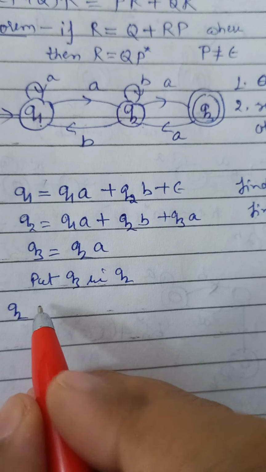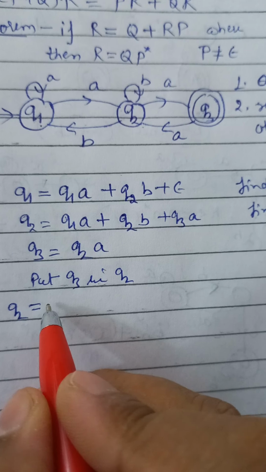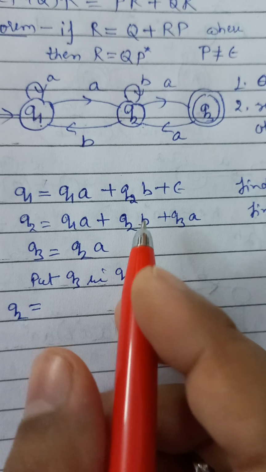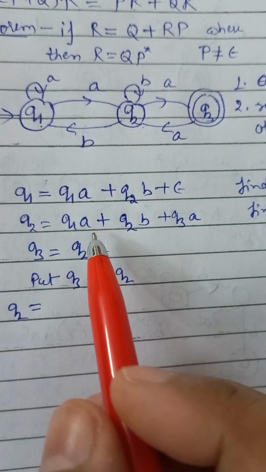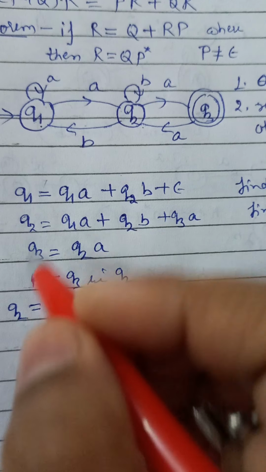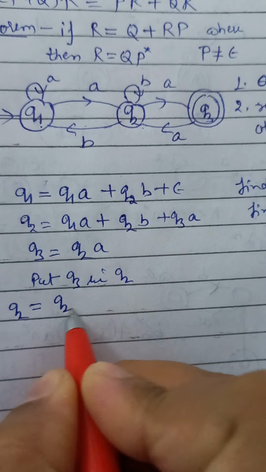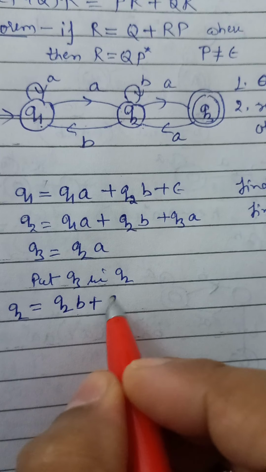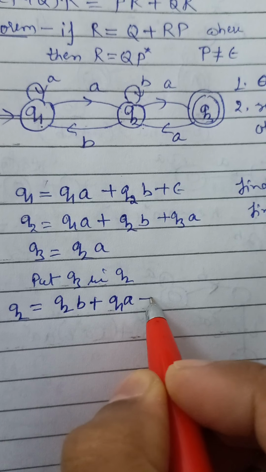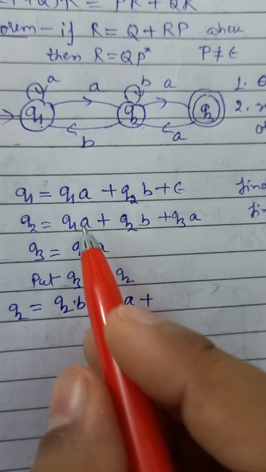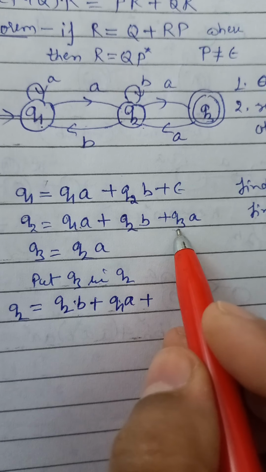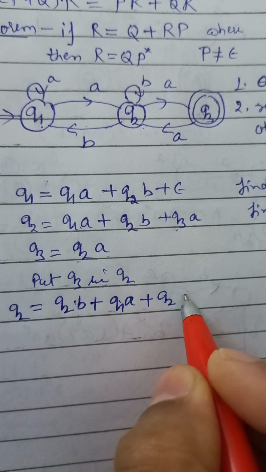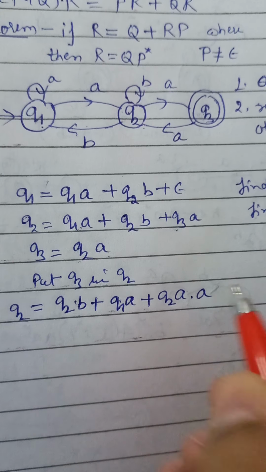q2 is equal to q2b plus q1a plus q3. Instead of q3, what we will write here? q2a dot a.